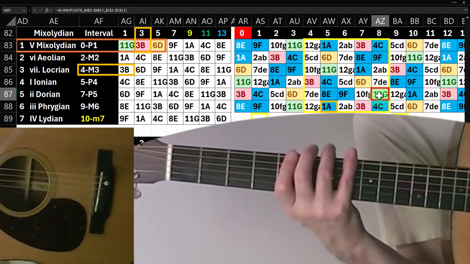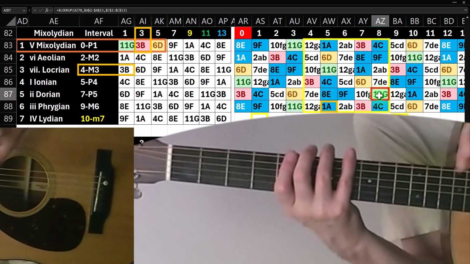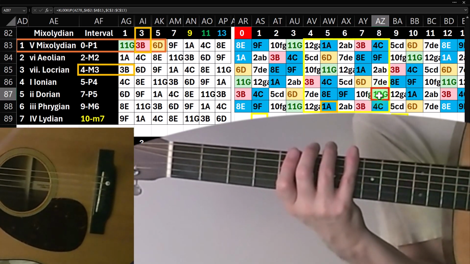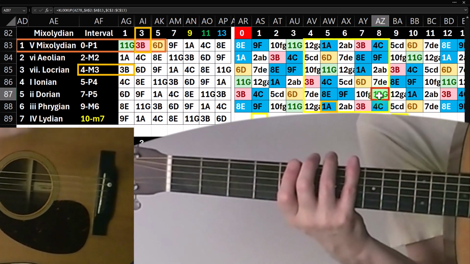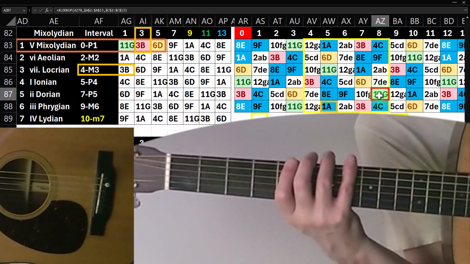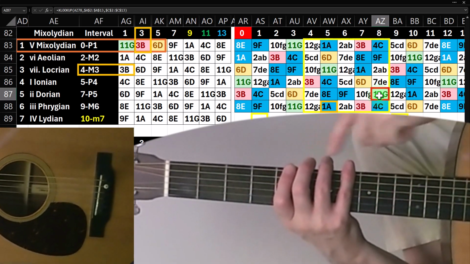The reason I think the bluesy thing started to work is because in Europe, when they were doing their guitar and their music, they started to use conventions that were tied to storytelling.